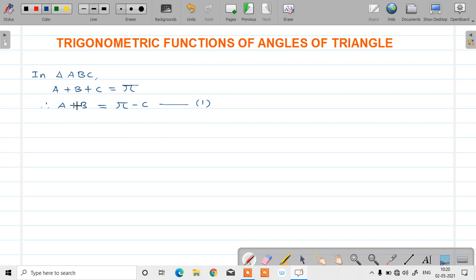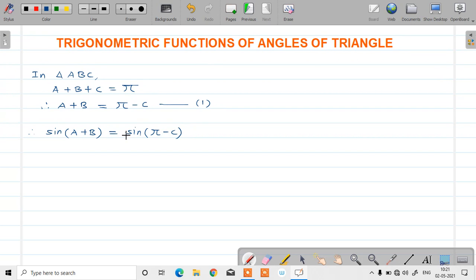This is one combination. You will get another combination as B plus C is equal to pi minus A, or A plus C is equal to pi minus B. But here we discuss A plus B is equal to pi minus C. Now if we apply sine ratio on both sides of equation number 1, we get sin(A plus B) is equal to sin(pi minus C), by which you will get the formula related to triangle ABC.